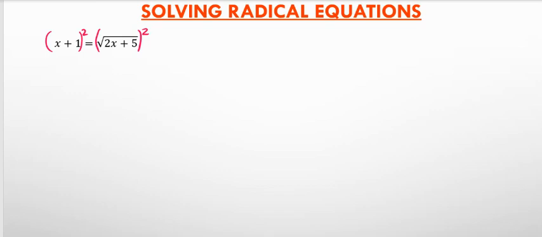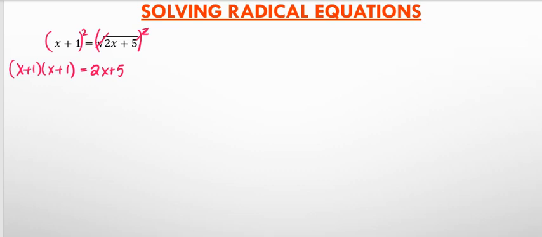So this leaves us with x plus 1 squared on my left side, and that turns into x plus 1 times x plus 1. And on my right side, squaring it would get rid of that radical, and you're left with 2x plus 5. Now when I solve, I need to get x on one side, and I have x in a bunch of different places.